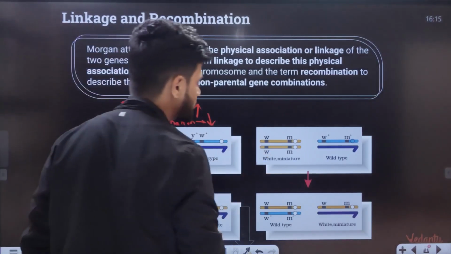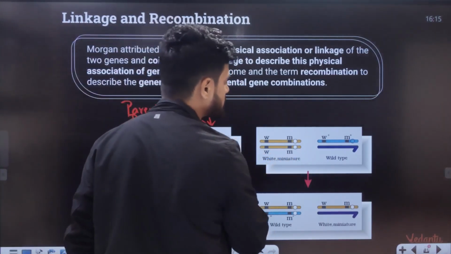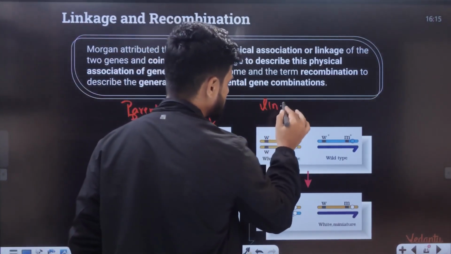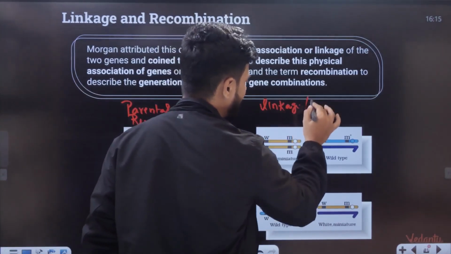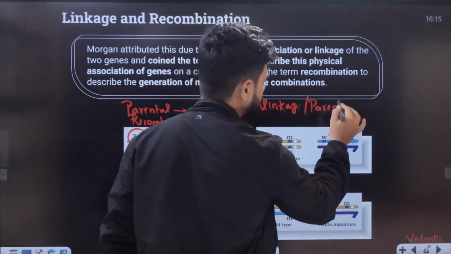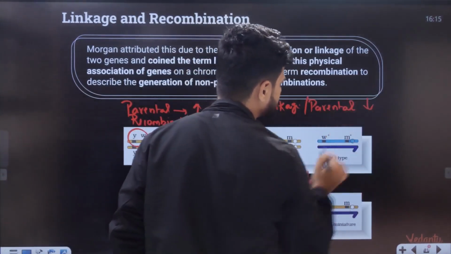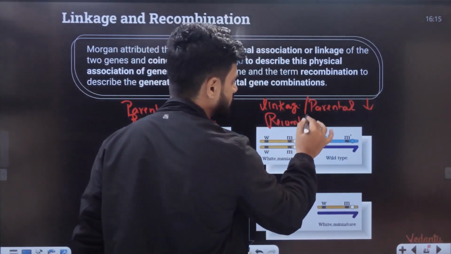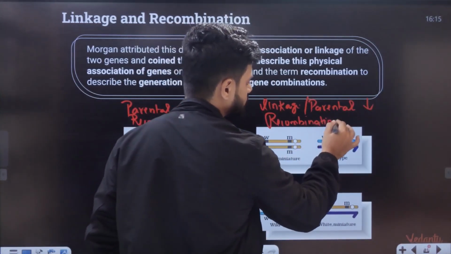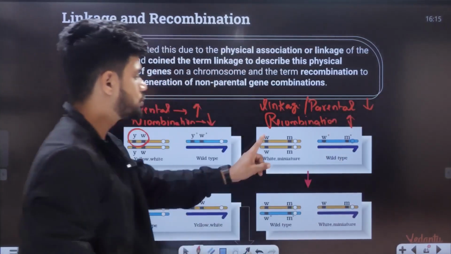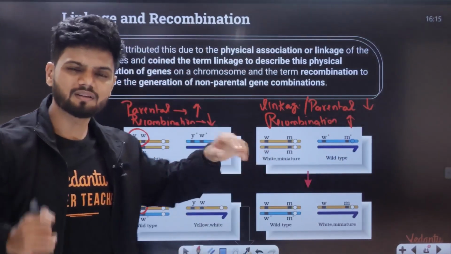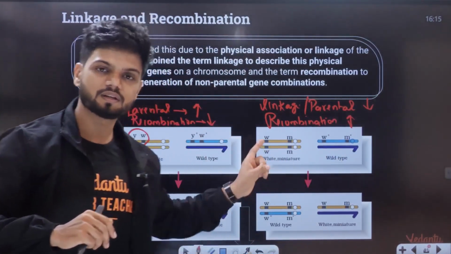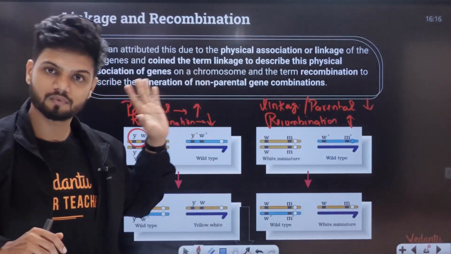But here, you see, two genes are very far from each other. So linkage or parental combination is going to be very low. But recombination can be seen here, because the two genes are very far. If they are far, recombination is going to be high.